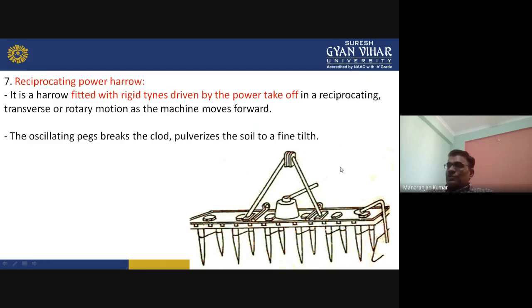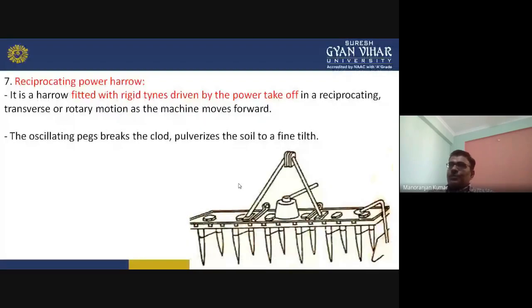With that power, the tines will move in a reciprocating, transverse or rotary manner, and due to this movement the soil will be pulverized. The oscillating tines break the clods and pulverize the soil to a fine tilth. So this is the reciprocating power harrow.